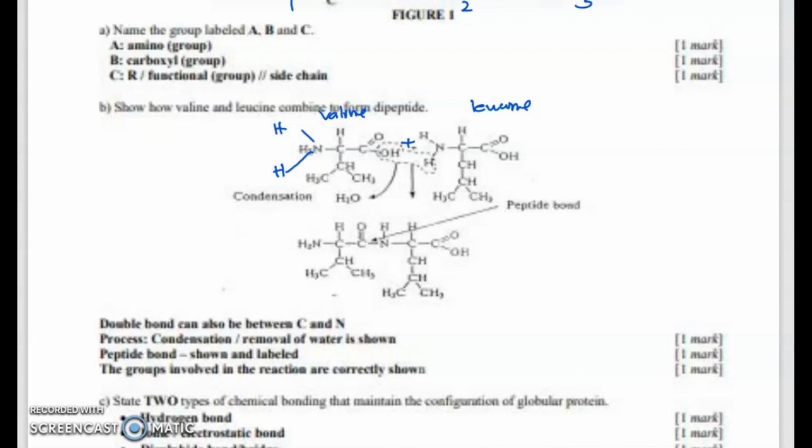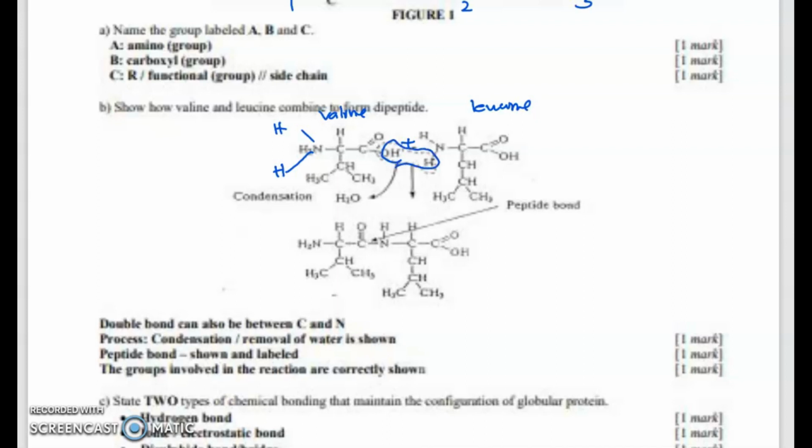The hydroxyl group is removed from the carboxyl group of amino acid valine, and a hydrogen atom is removed from the amino group of leucine. So, kalau lepas tu kita tengok di sini juga, okay, pecahan markah dia, show condensation or remove water molecule. So, mesti kamu highlightkan ni lah.